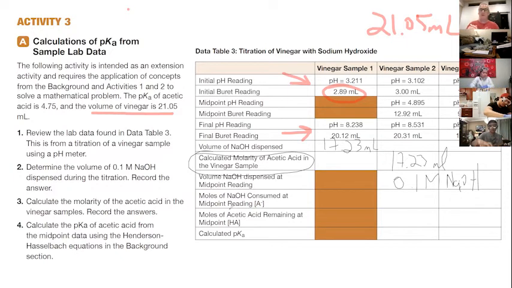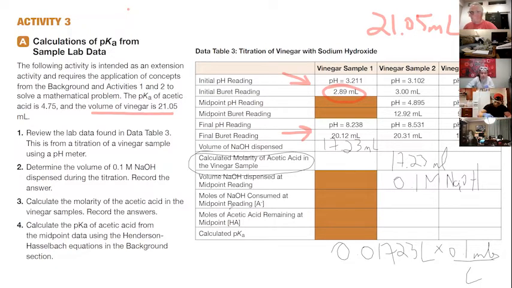We figure out how many moles that is. 17.23 divided by 1,000 gives us 0.01723 liters, times 0.1 moles per liter. So we get a total amount of acetic acid in that sample of 0.001723 moles.